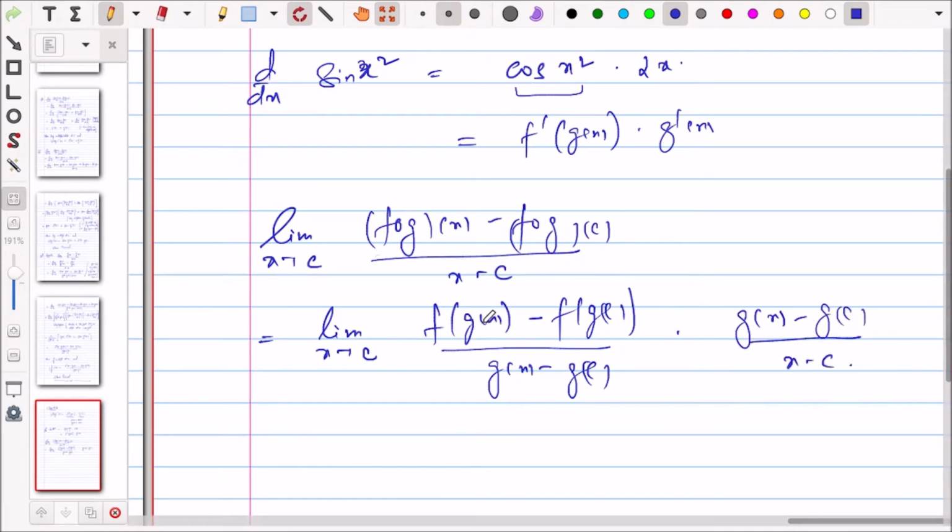So now x goes to c, g being differentiable is continuous, so g(x) will go to g(c), right?